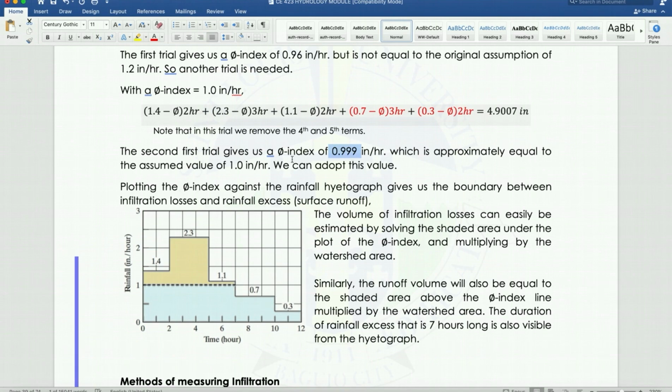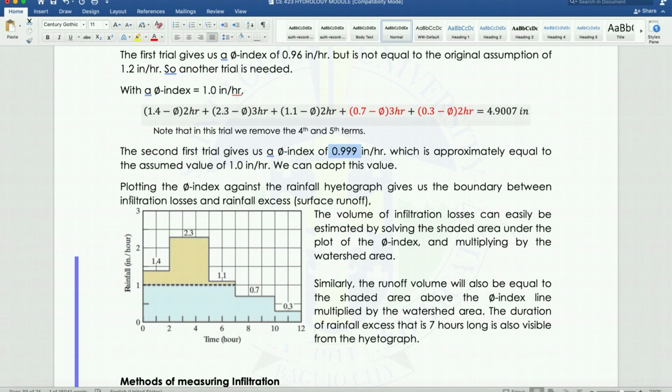Now, the value of our phi index, we are going to plot that and connect it by a dash line. So, everything that is above the dash line is our runoff.